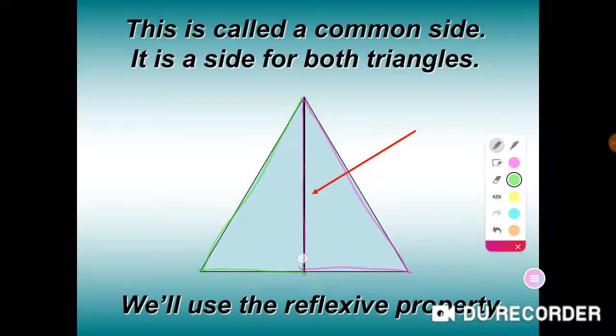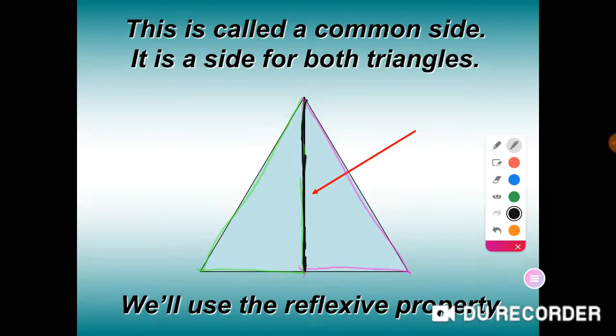And as you see, between these 2 triangles, there's a common side. So this side in black is a common side between the 2 triangles.